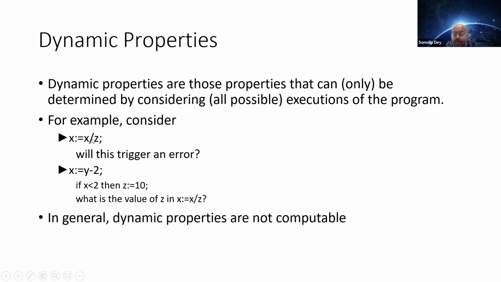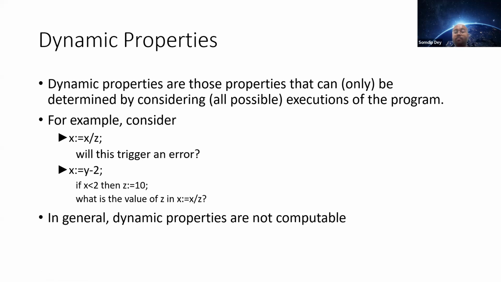So if z is, let's say, an integer which is non-zero, then you will have a floating point value of x. But what if z is 0? Then the program will trigger an error, right?